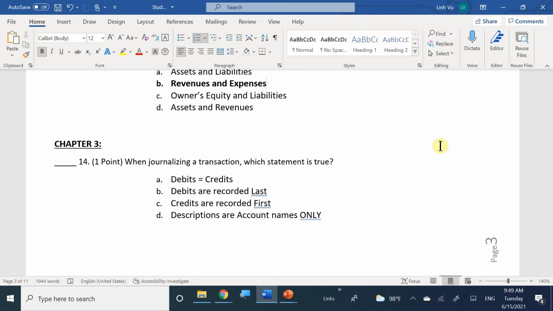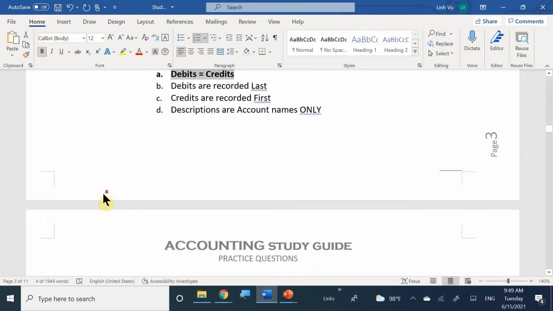That's A. Debits equals credits. Yes, that is true. Right? Debits are not recorded last. Credits are not recorded first. And descriptions are not account names only. No. Okay, so A is true. Your debits must always equal your credits.